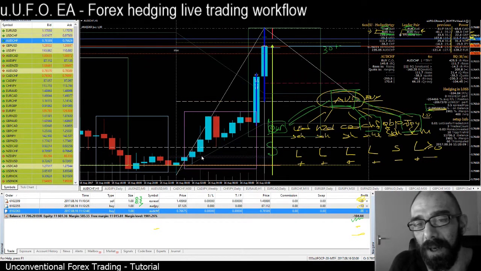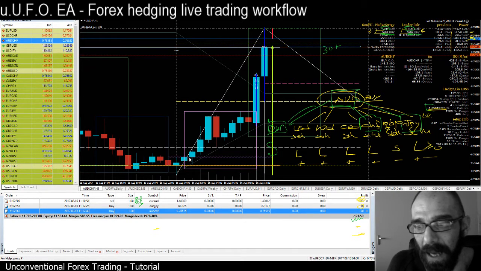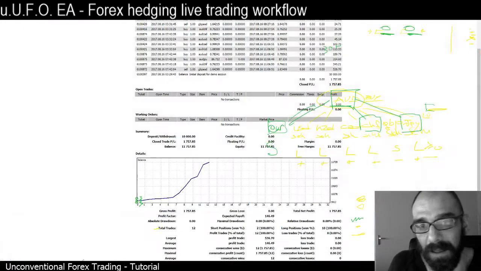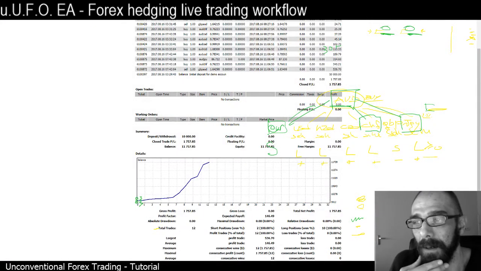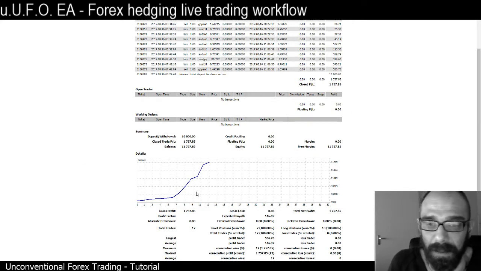We could have made a better trade in this area, like this graphic shows. So that's why I closed the trade.